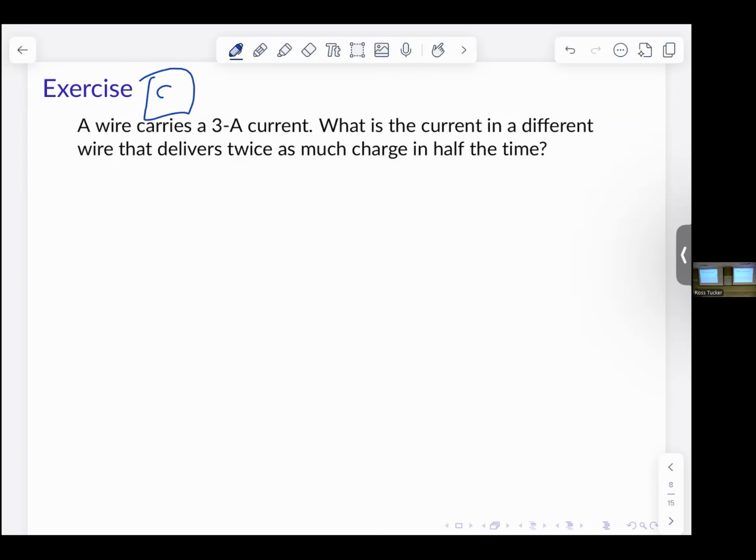In amps. By default, if I've asked current or charge, the default is amps and coulombs. Those are the SI units.